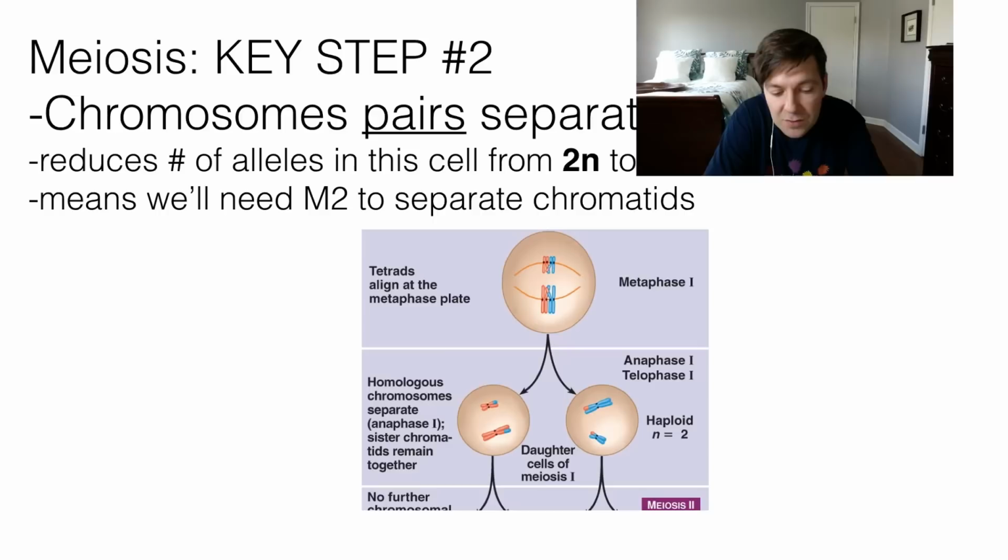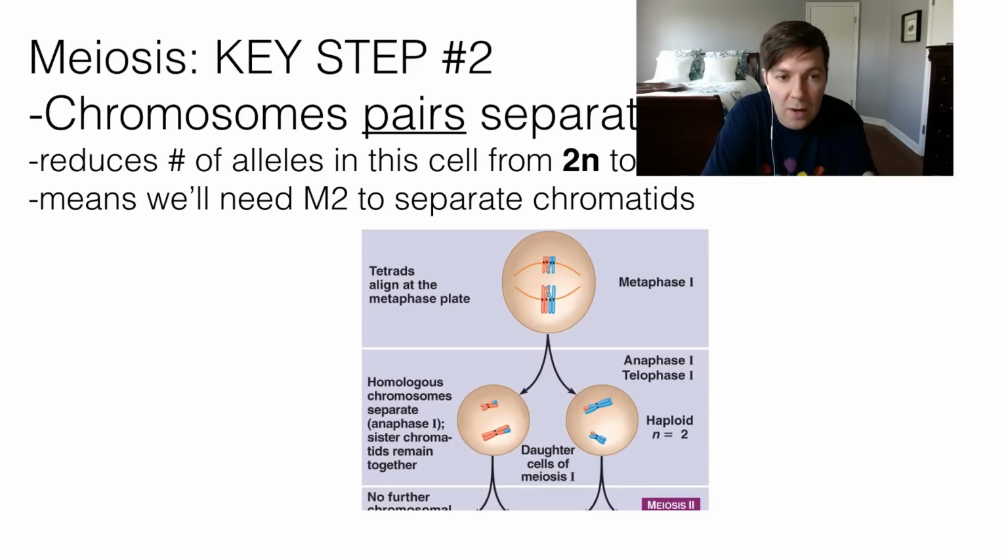The other thing that's interesting about this, because of crossing over, we can't say these chromosomes are from mom anymore. They are a novel recombination, a mixtape, as my students say, of what you got from your parents. This is what we're passing to our kids. Okay? So, all right, we now have half the number of alleles that we started with. We've gone from 2n to n.